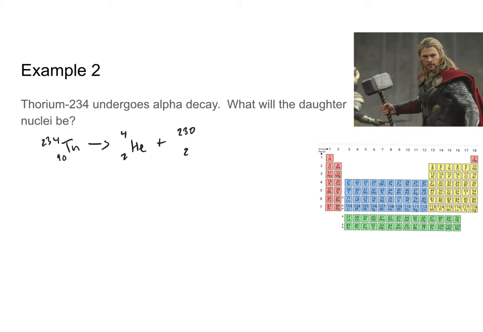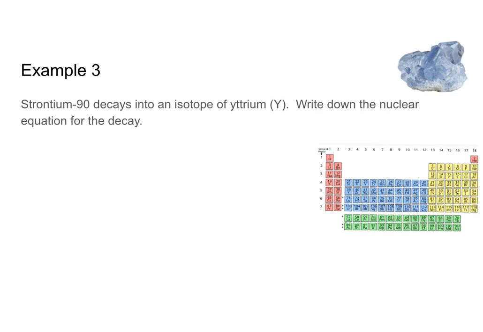It is going to be atomic number 88, which we can see here is radium-230. So again, our daughter nuclei are helium-4 and radium-230.